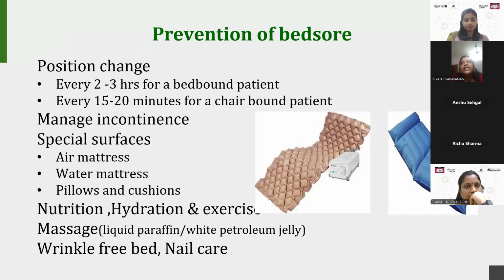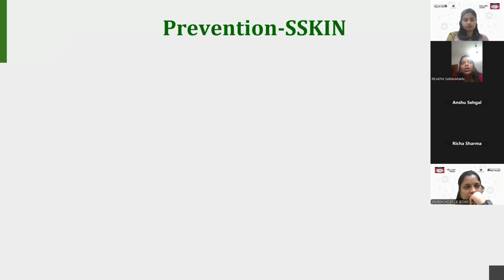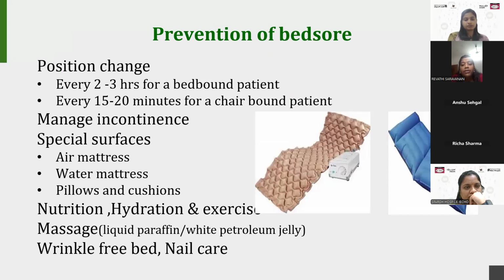Till now we have seen how it comes in stages and how we are going to treat it. So prevention is always better than cure. If we are expecting that a patient is going to have a pressure ulcer, whatever the patient's condition, we can advise preventive methods like position change.